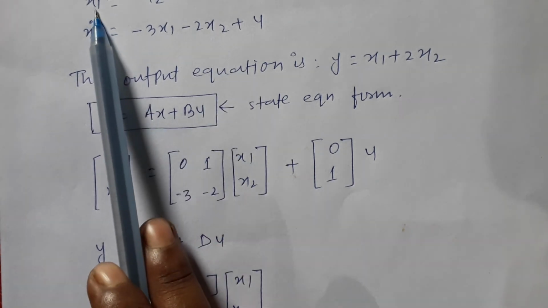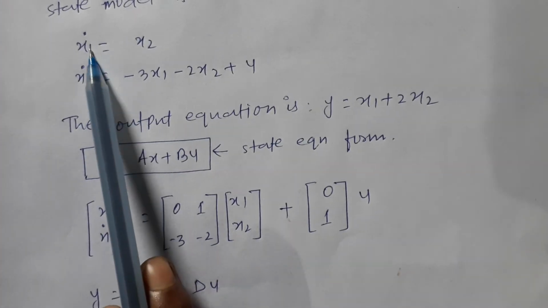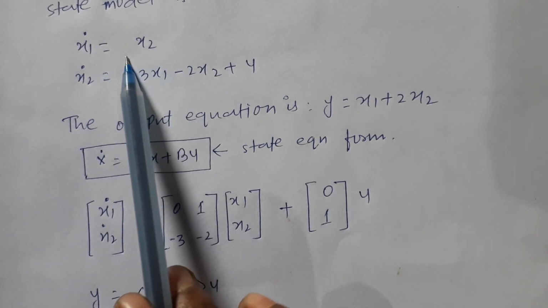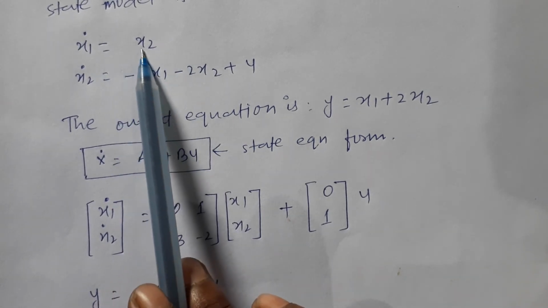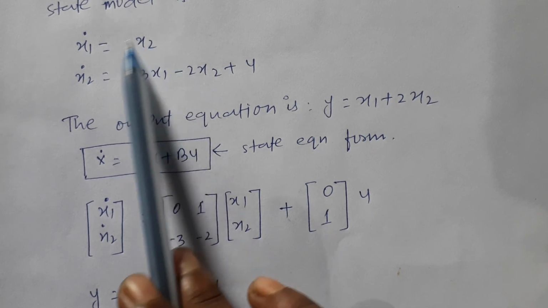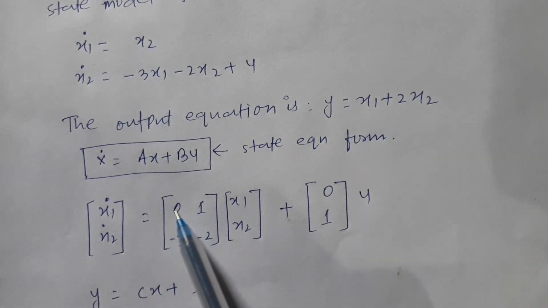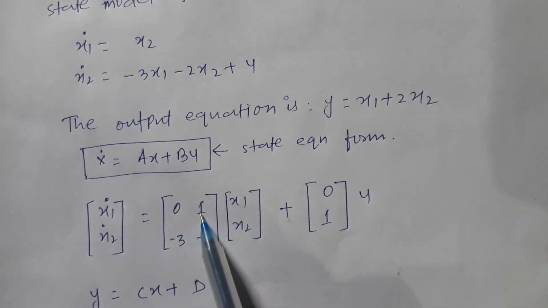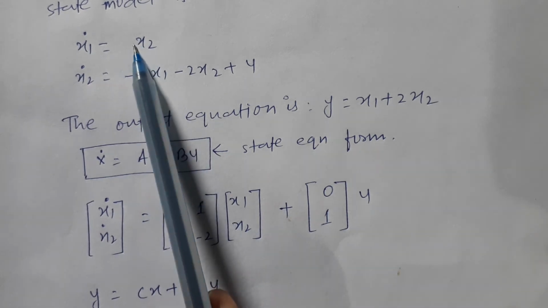Here x1 dot equal to x2 means in this equation the coefficient of x1 is zero and the x1 term vanished, that's why here 0 and 1. We have written 1 because the coefficient of x2 is 1.